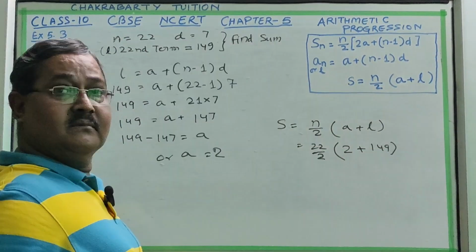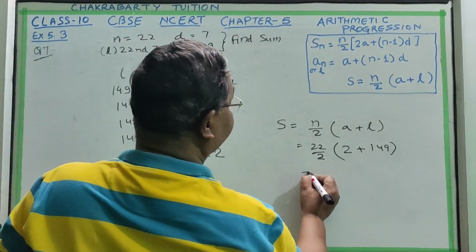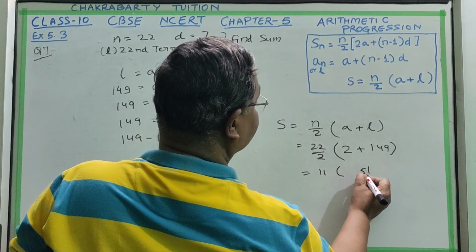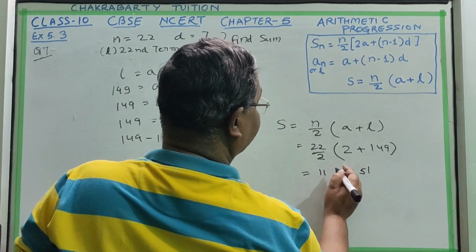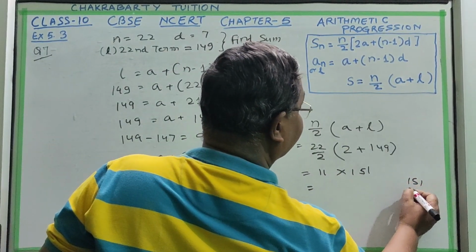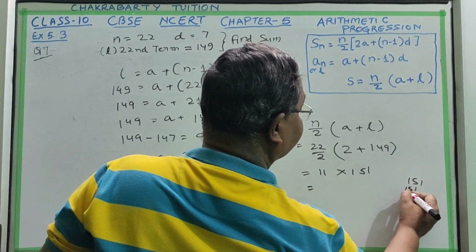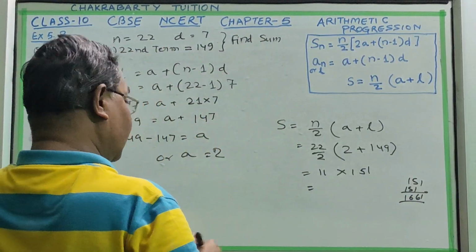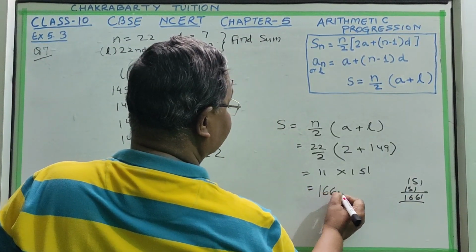Last term is 149, so a plus l is 151. So 11 into 151. You will multiply 151 by 11, 1661. So your answer is 1661.